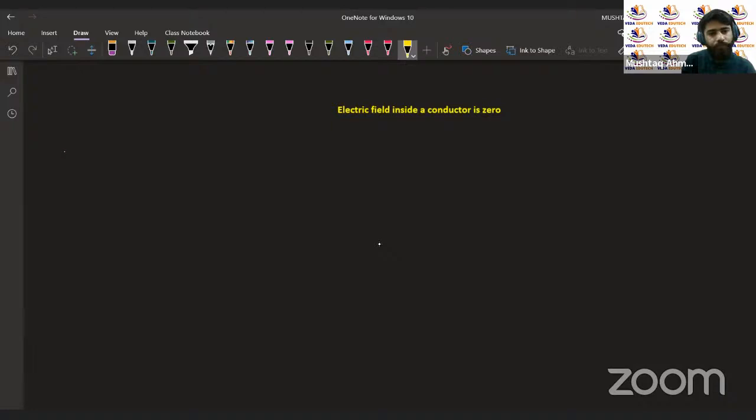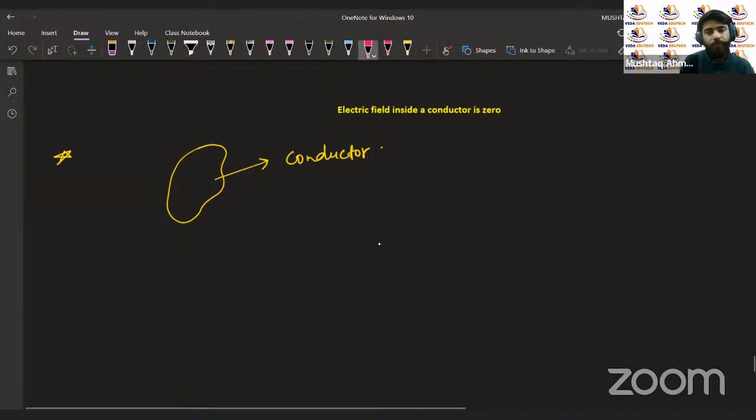Let's suppose this is the conductor area, and these are the electric field lines on this conductor.